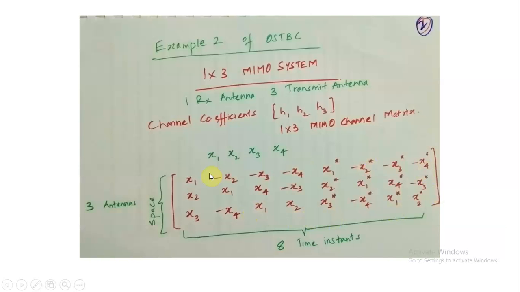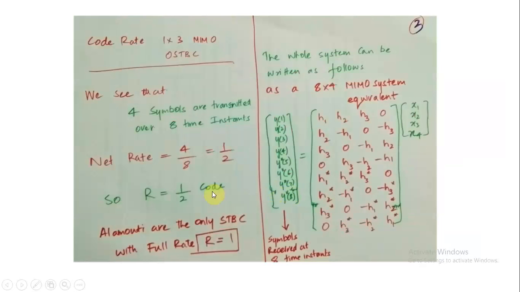If we see this whole block of the space-time matrix, we see that it is orthogonal to this sub-matrix, which is basically the conjugate of the elements of the other matrix. So what about the code rate of this 3 by 1 MISO orthogonal space-time block code?